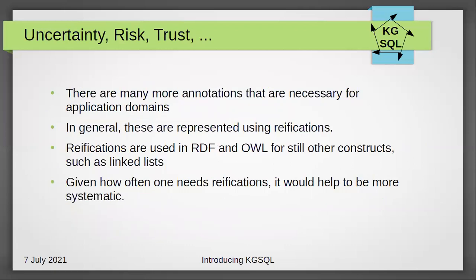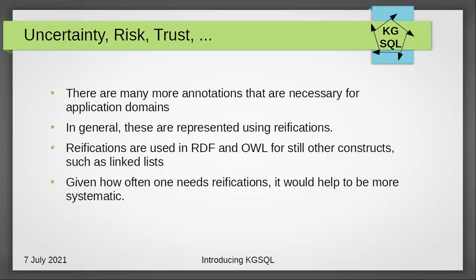Many other examples of kinds of attributes, annotations, I should say, that we would like to add to statements and collections of statements are kinds of annotations such as uncertainty, risk, trust, and it goes on and on. These are all important, but you really need reifications in order to be able to annotate with all this additional information.